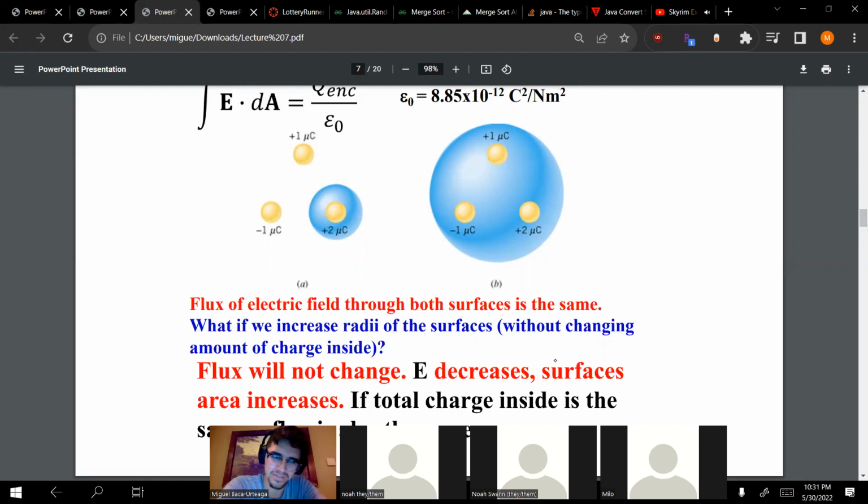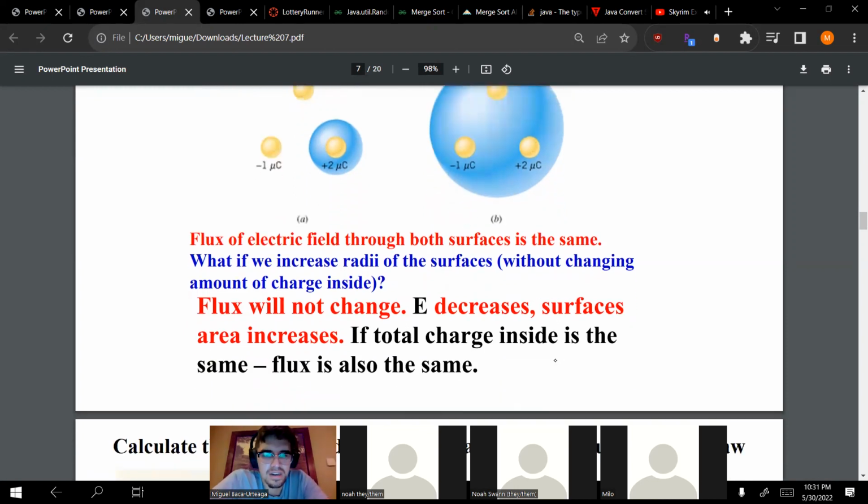The charges are not changing direction, but in regards to the surface, it kind of throws me off. Flux will not change. Electric field decreases, surface's area increases. If the total charge inside is the same, flux is also the same. Interesting. Alrighty.